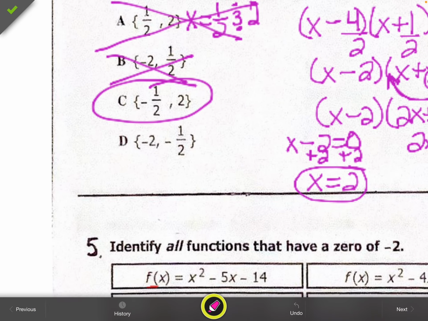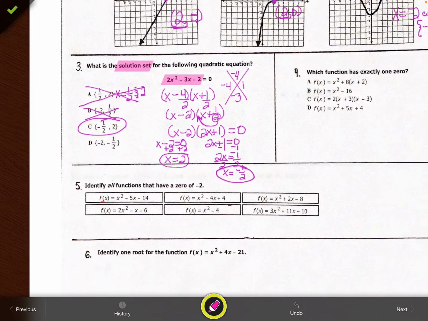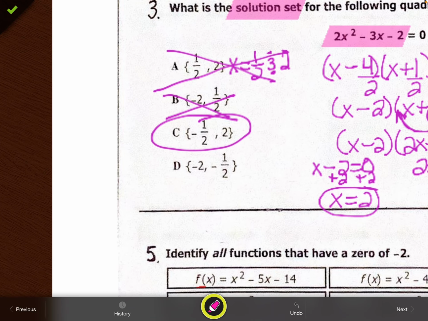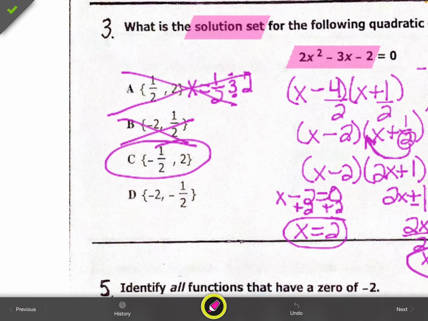So what I tell people, if they're going to graph, you're going to bypass all of the factoring because that's a bit more work. Then I say, once you graph it and get your answers, come over here off to the side. I took up a lot of room, so I'm going to put it over here.